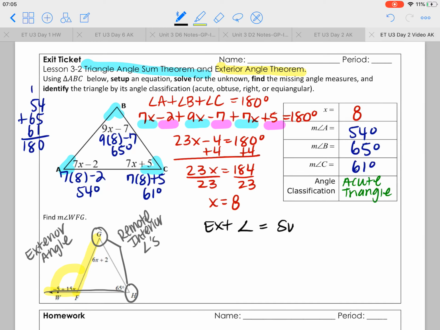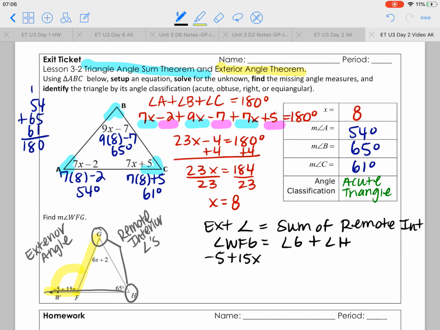So here, angle WFG will be equal to the sum of angle G plus angle H. Let's substitute into this expression. The expression for angle WFG is -5 plus 15x, equals angle G, which is 6x plus 2, plus angle H, which is simply 65.